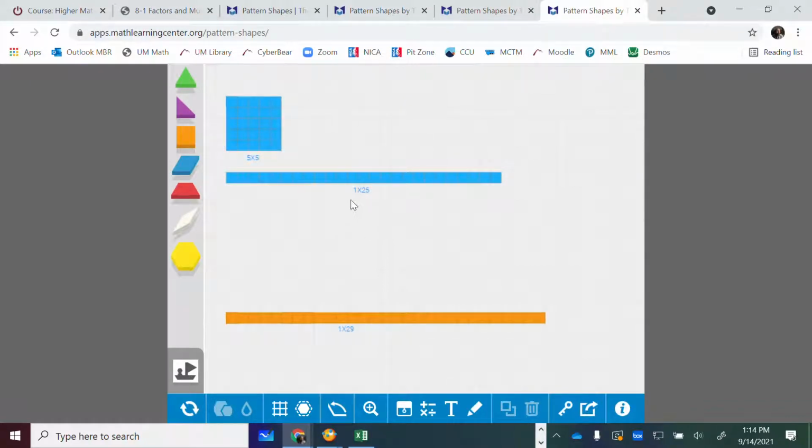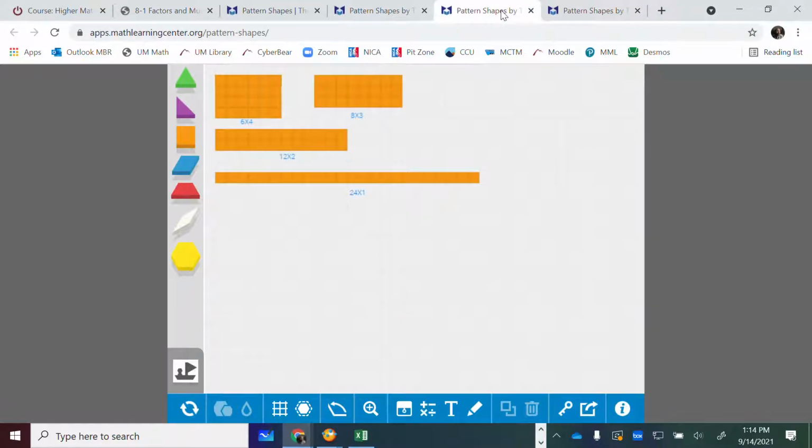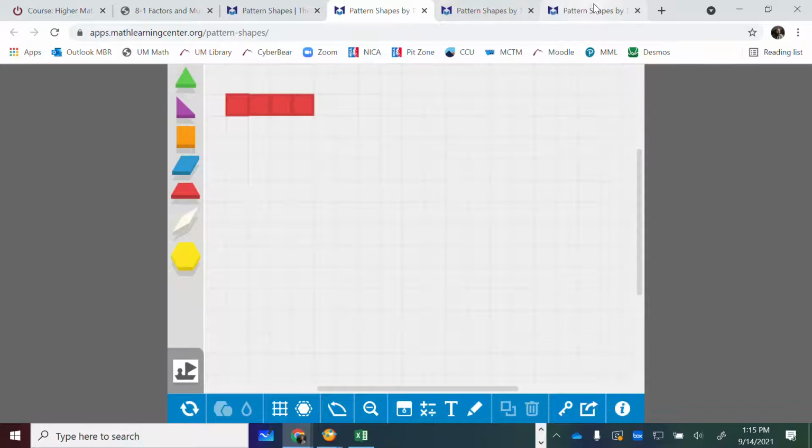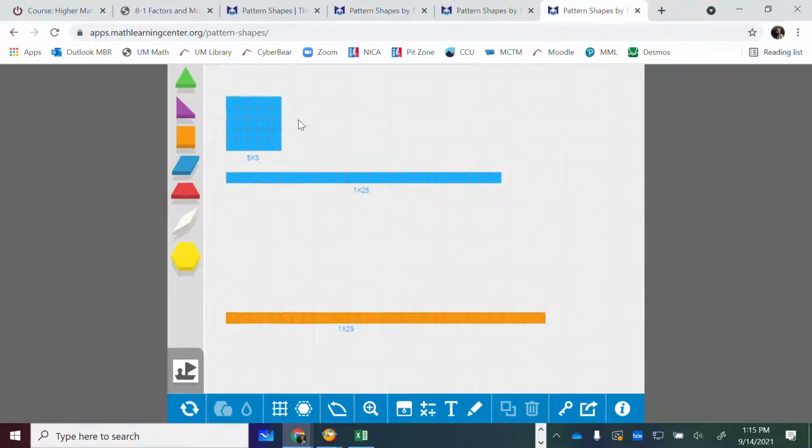What this teaches me is that some of the rectangles you make happen to be actually squares, which we didn't see before. Here we saw all non-square rectangles, whereas with the 25 case, we see a rectangle that is a square.